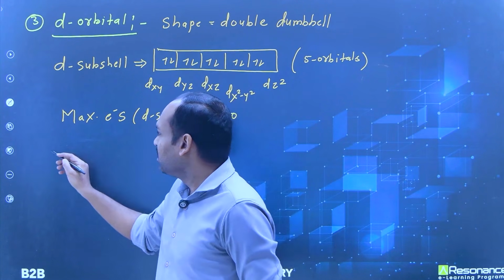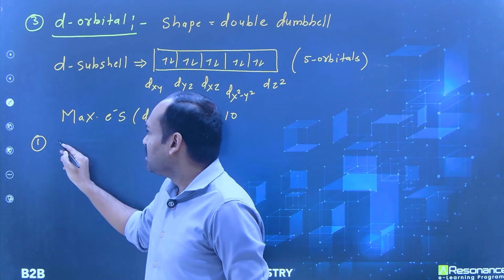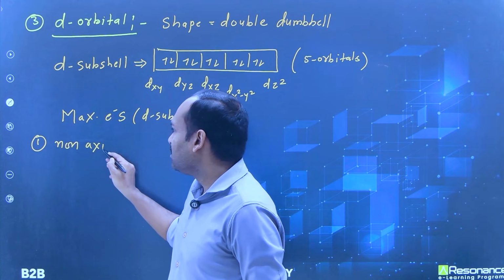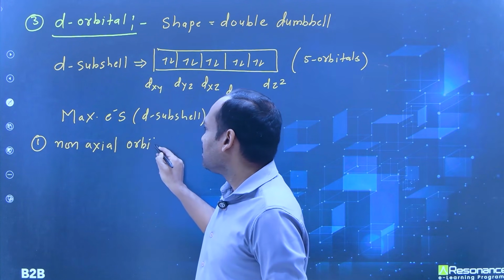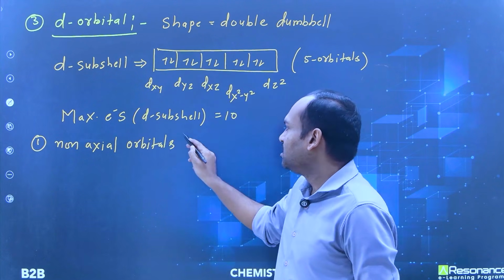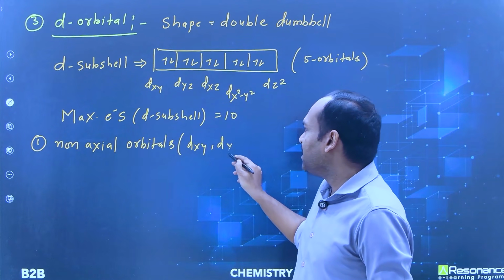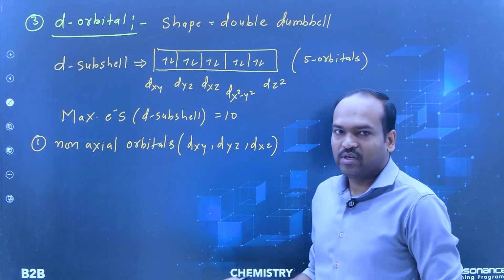Discussing shape: there are two types of orbitals. First is non-axial orbitals. Non-axial orbitals are dxy, dyz, dxz, and they are also directional.